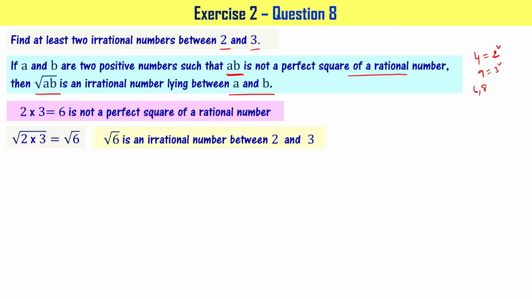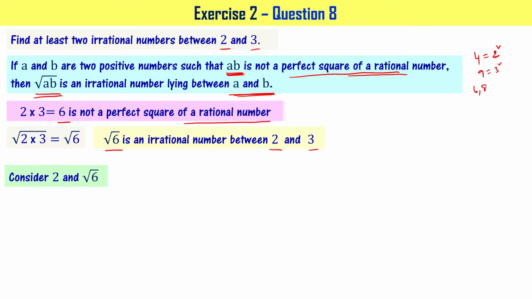I can say that because root ab is an irrational number lying between a and b if ab is not a perfect square of a rational number. Got it? So we found one irrational number, right?